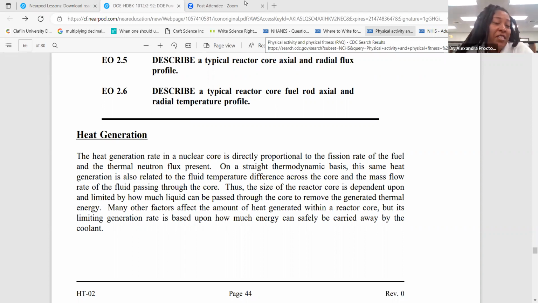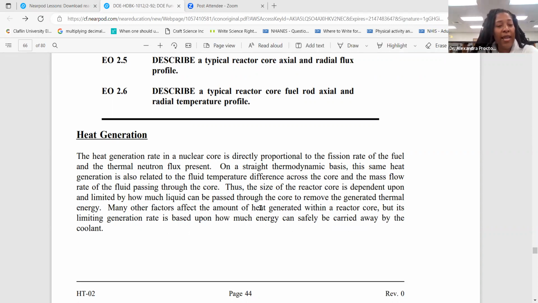So heat generation of a nuclear core is directly proportional to the fission rate of the fuel and thermal neutron flux. On a straight thermodynamic basis, this same heat generation is also related to the fluid temperature difference across the core and the mass flow rate of the fluid passing through the core.